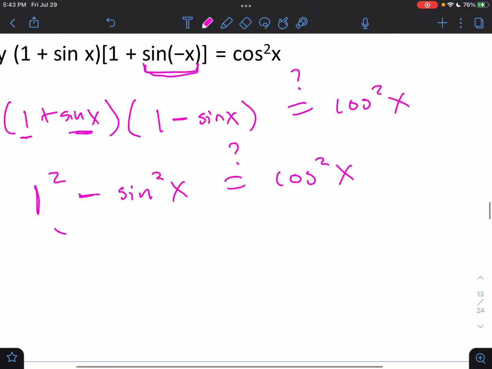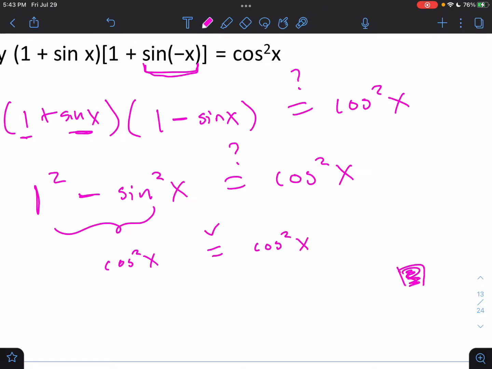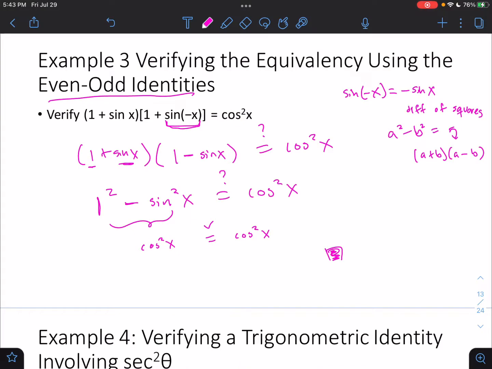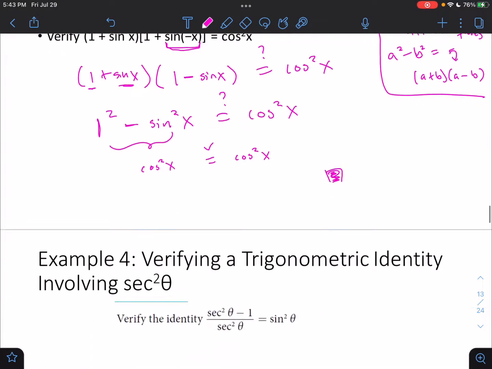So this turns into cosine squared theta, or x in our case, and these are true. So we've proved it. Cool. Remember this one. This is very helpful.